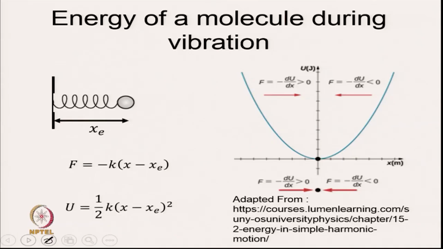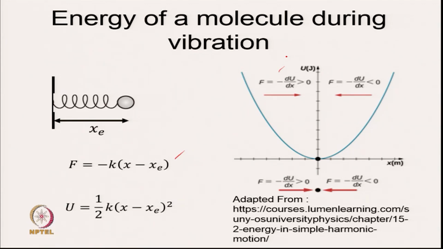So, we know force is given by minus k times x minus x e for this system. Now, we can calculate the potential energy by integrating this with respect to x. So, your potential energy is integral of minus f dx, where force f is basically minus du by dx. So, du is equal to minus f dx.